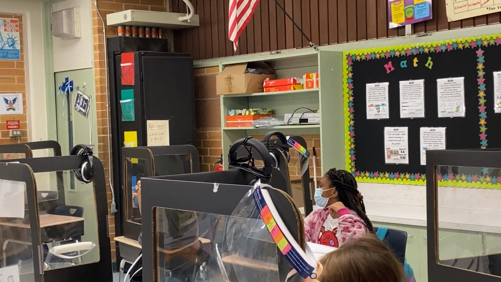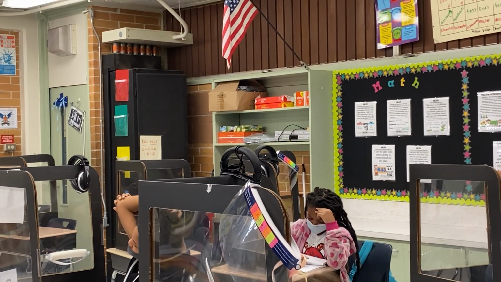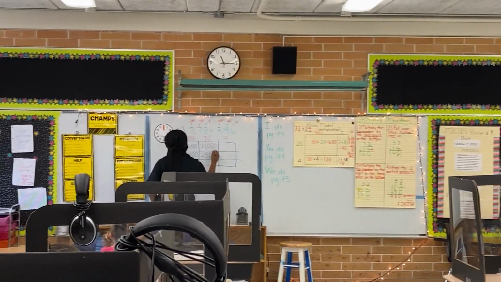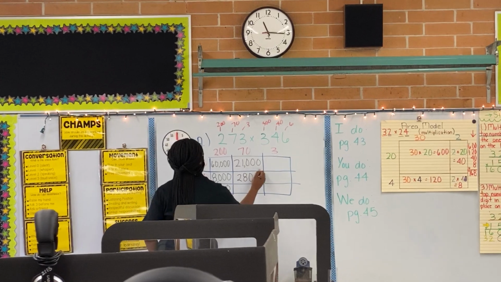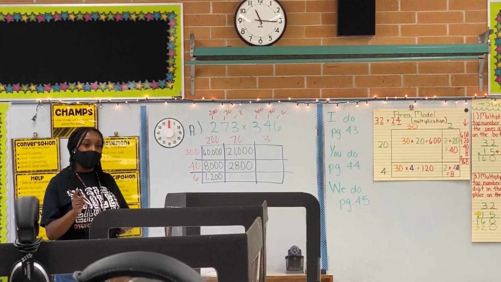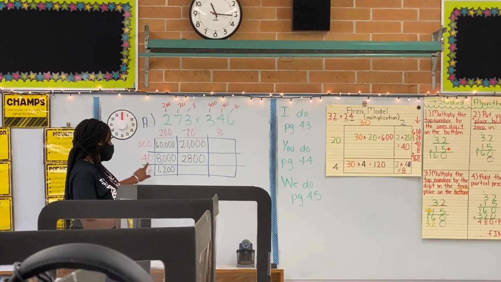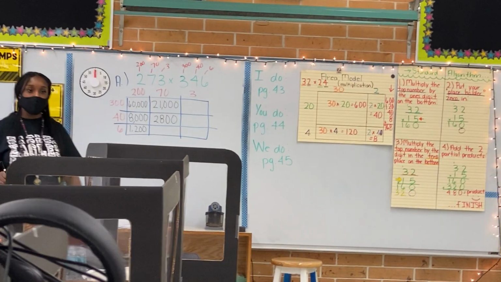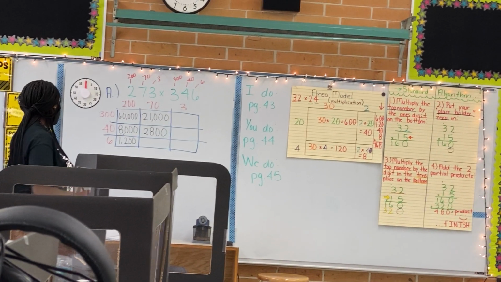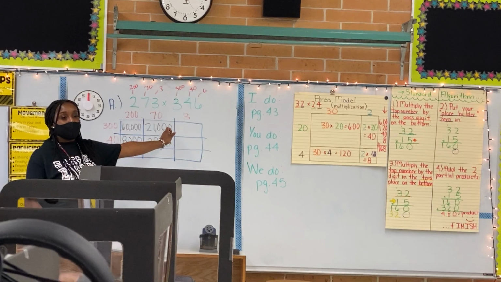40 times 70. Kylie. 280. 2,800. Because we have 4 tens and 7 tens, right? 6 times 70.